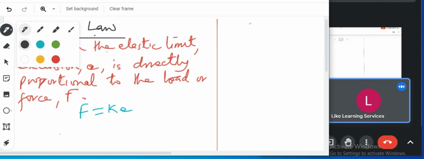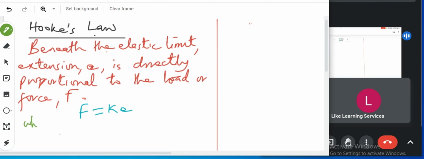Is it the extension or the force? Independent, yes, is the force. Okay, dependent is the extension.